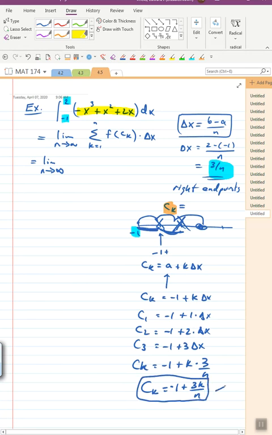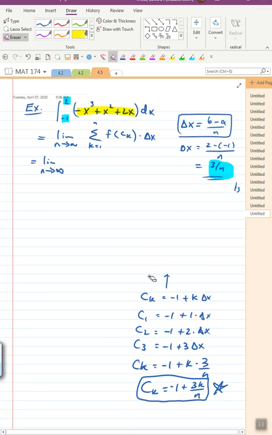Let's make sure we know how to get that before we go any further. When I multiply this k times this 3 over n, that's where I'm getting the 3k over n.